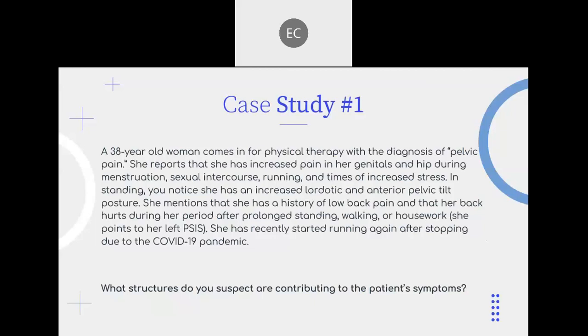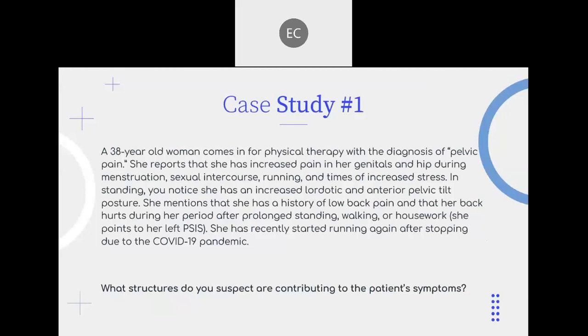So what structures would you all suspect are contributing to the patient's symptoms? Iliopsoas, okay. Any other? What are some other things that can contribute to the hip pain during running? Abductors, okay.